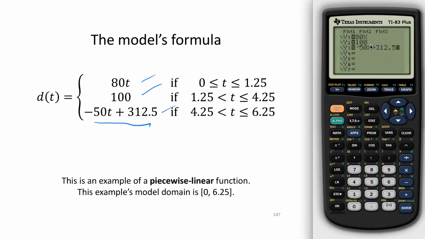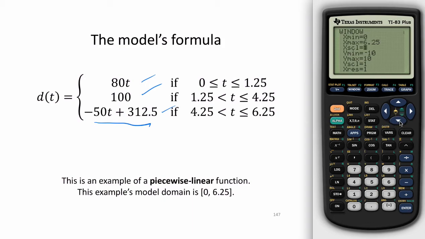So 80t for y1, 100 for y2, and negative 50t plus 312.5 for y3. I just checked my work there. And now I already know the viewing window that will work for me, or at least close enough. On the t-axis, I can put the model domain, which is 0 to 6.25. That's my entire trip in hours.